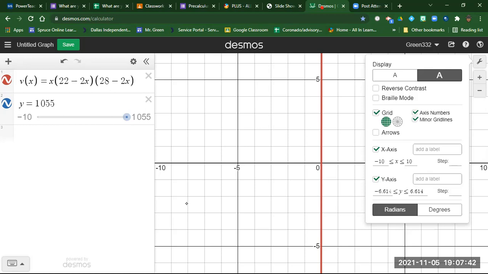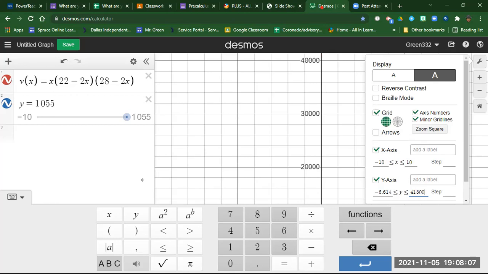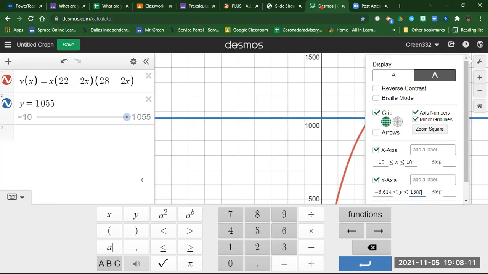I'm going to make my y-axis big enough to account for this 1055. I'm going to make it like 1500. Ooh, man, it's too big now. You see it going crazy there. So that's better. Okay.